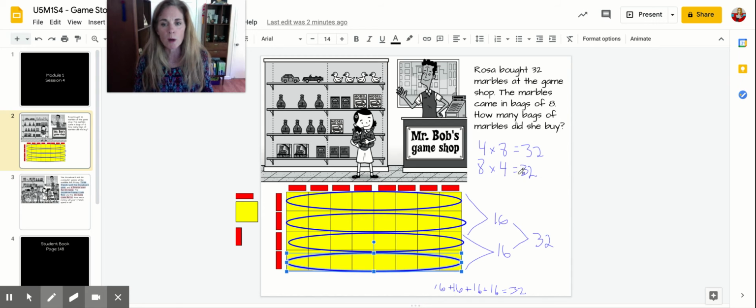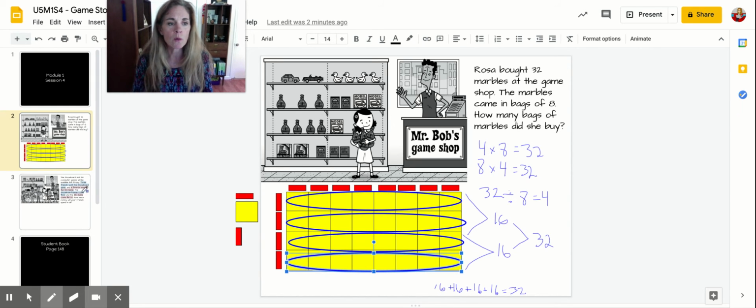That's the commutative property. And then we can also flip this family around and say, well, she started with 32 marbles. She divided them into groups of 8 because each bag had 8. And she ended up with 4 bags.